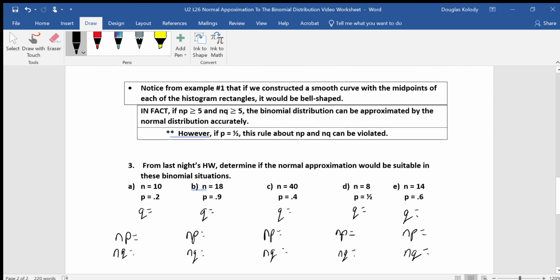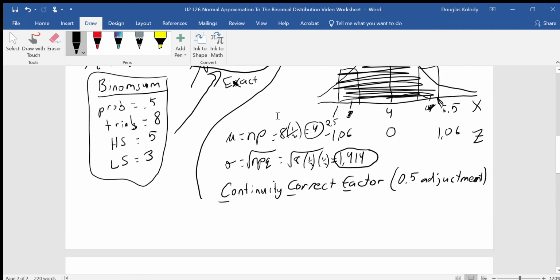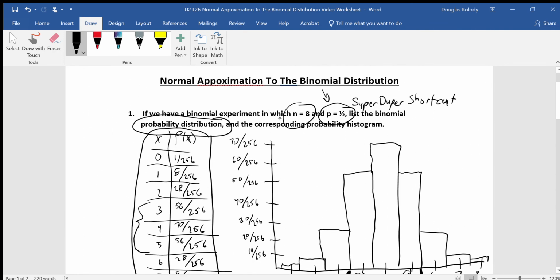There's one other piece to this lecture that I want to bring up, and it was actually last night's homework, and it's what I promised you would be on this lecture. It says, notice that if we take the histogram, we connect all the midpoints here, what I get is a nice smooth curve.